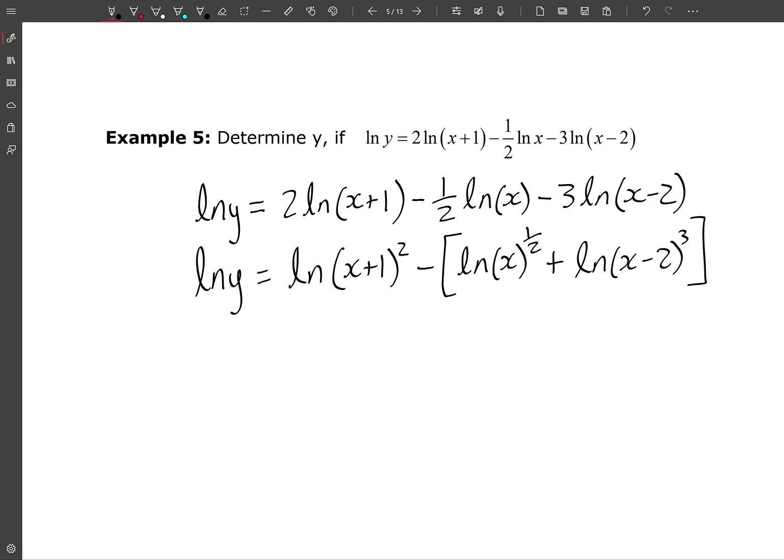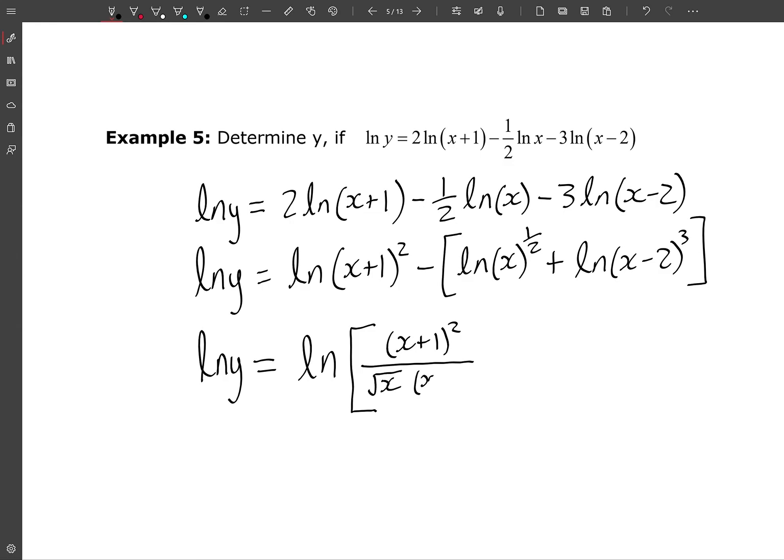So that means ln of y, using my product quotient rules here, is the natural log of x plus 1 squared divided by the square root of x, because that's x to the 1/2, times x minus 2 cubed. So that's, again, just using my log laws.